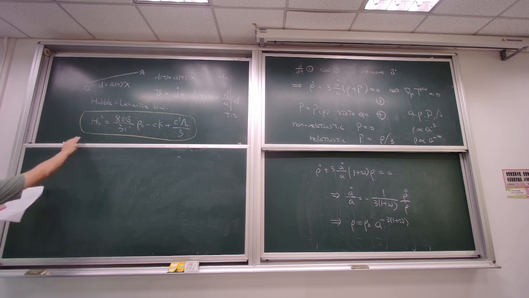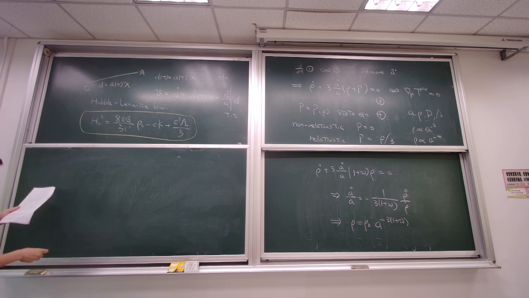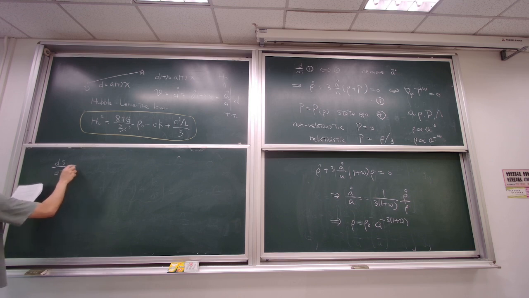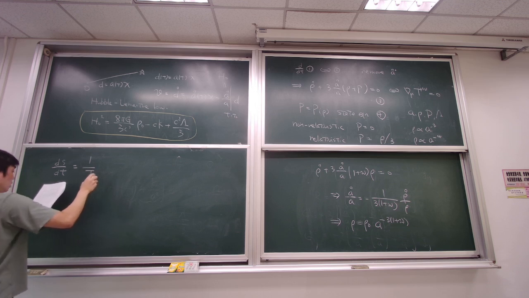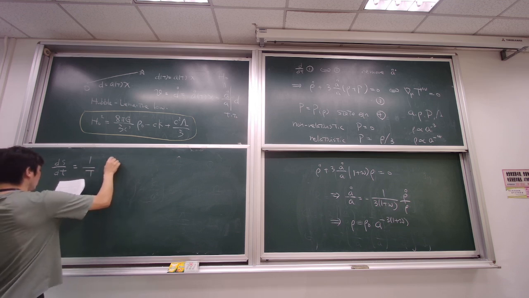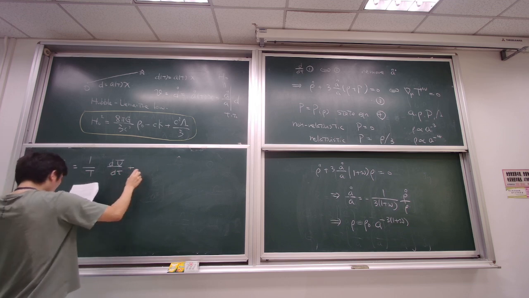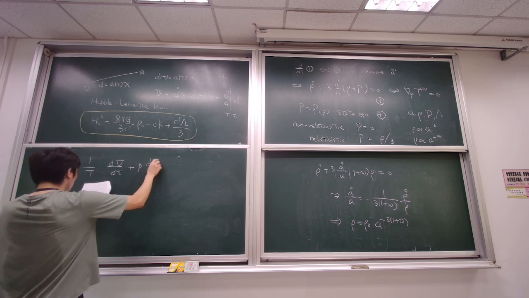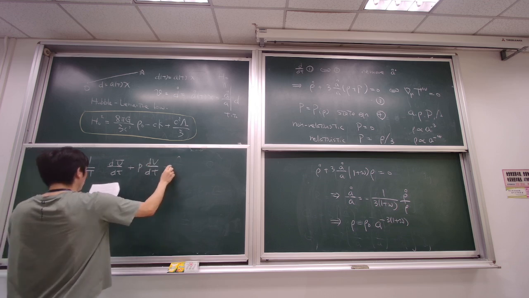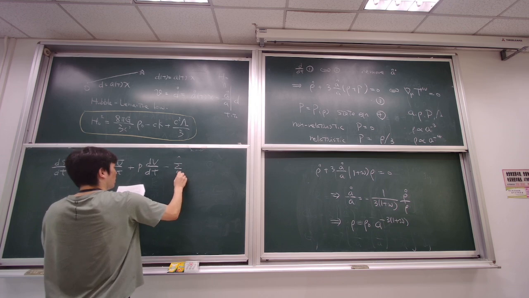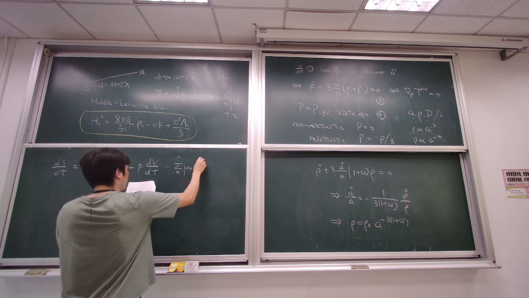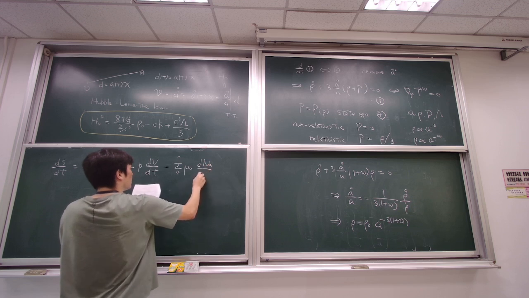Okay. If you consider the first law of thermodynamics in the universe, one can obtain the following relation: dU over dt plus P dV over dt minus the sum over the chemical potential times the number density change over dt.